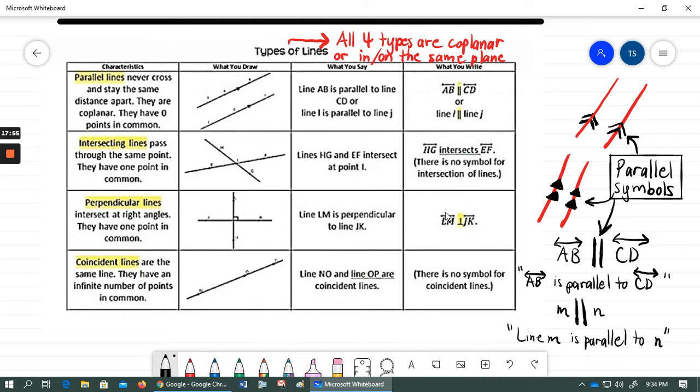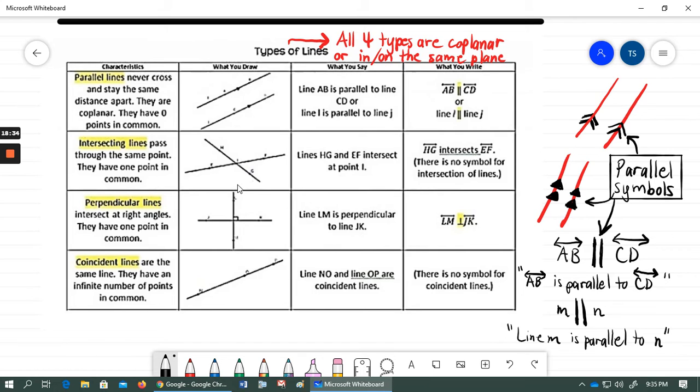Folks, another symbol that you will surely see, even if not in this particular lesson, is another symbol for perpendicular lines. We said perpendicular lines intersect at right angles. We've already talked about the right angle symbol, the little box inside of an angle that identifies and labels it as a right angle.